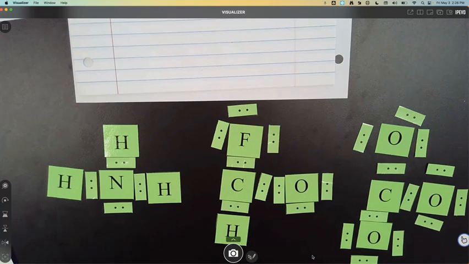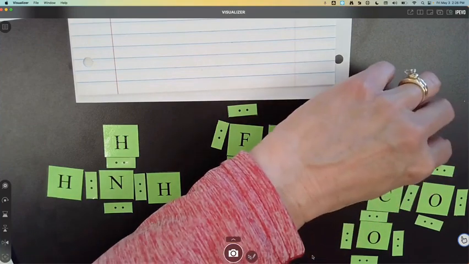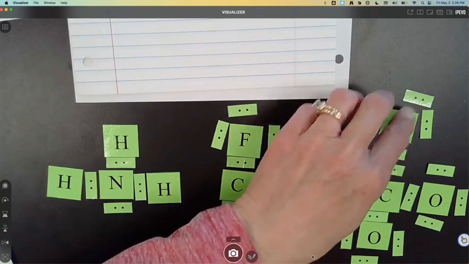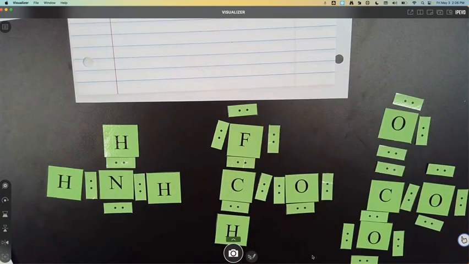And in the case of our carbonate ion, we're going to do the same thing. We're going to pull one set of electrons in off of that oxygen to get an octet for the carbon.